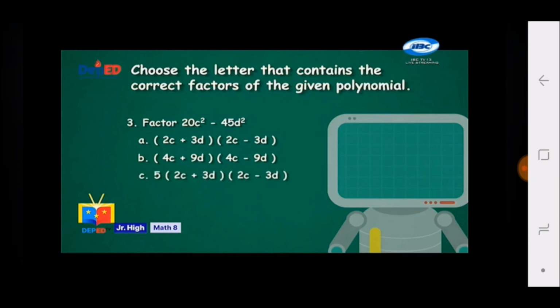Letter C, 5 times the quantity of 2c plus 3d times 2c minus 3d. Or D, 5 times the quantity of 4c plus 9d times the quantity 4c minus 9d. The correct answer is letter C, 5 times the product of the binomials 2c plus 3d and 2c minus 3d.